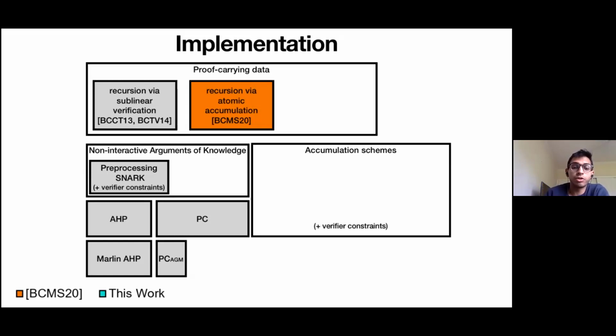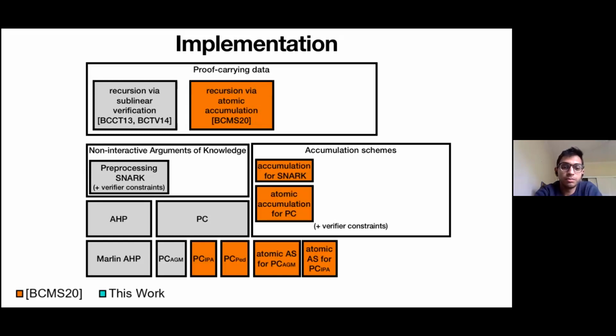For atomic accumulation, we defined a generic accumulation scheme interface, and into this interface we plugged in our various constructions of accumulation schemes, right? So for SNARKs, for polynomial commitments, and then constructions for the various PC schemes that people use, such as KZG as well as the inner product argument one.